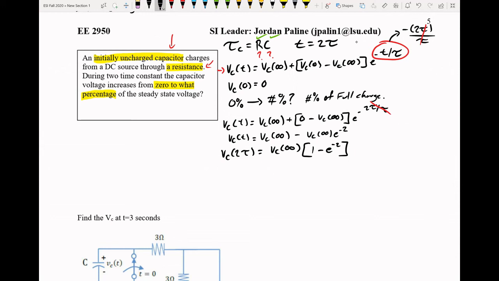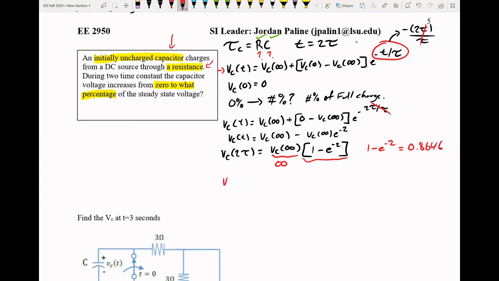You might be wondering, how do we get the percentage at that point? Well, we still have this little bit here, and we have the infinity value here. So we can calculate 1 minus e to the minus 2, and that gives us a value of 0.8646.